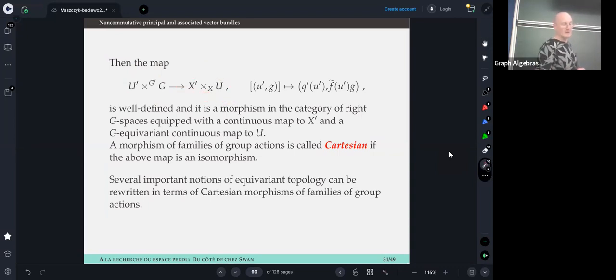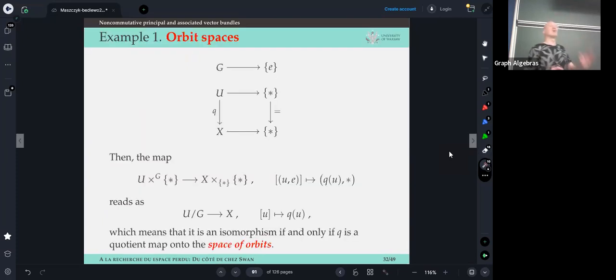There's an obvious formula for this map, and we say that this morphism of two actions is Cartesian if this canonical map is an isomorphism. It turns out that a big chunk of equivariant topology can be rephrased in terms of this construction.